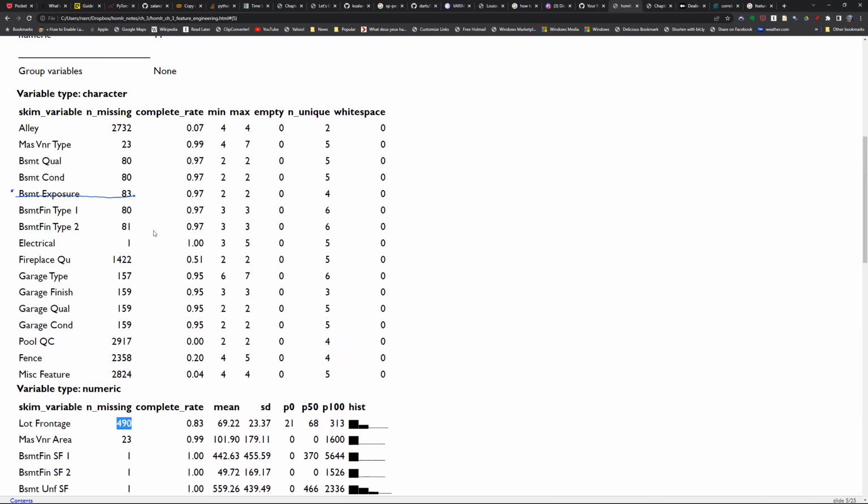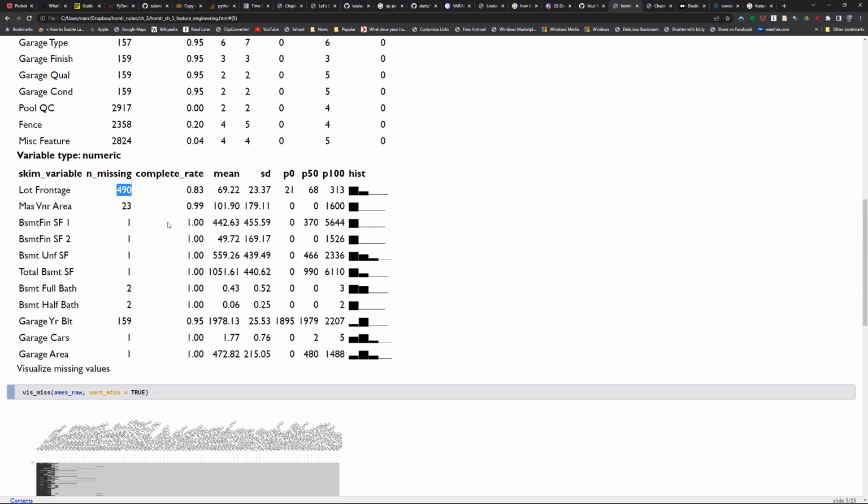So this is a way to picture your situation in terms of how many variables you have that contain missing values, and also the magnitude of those missing values. The author uses, from the naniar package, this function, vis_miss, to try to visually get a sense of where the missing values are and if there's a pattern in them.